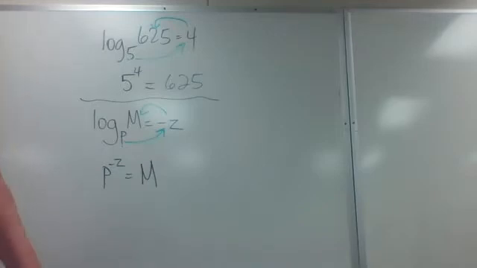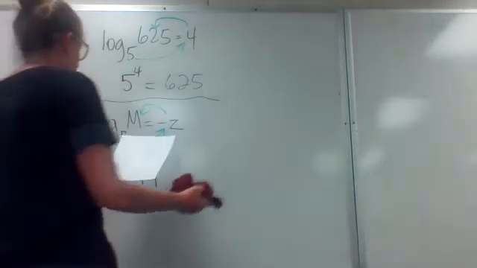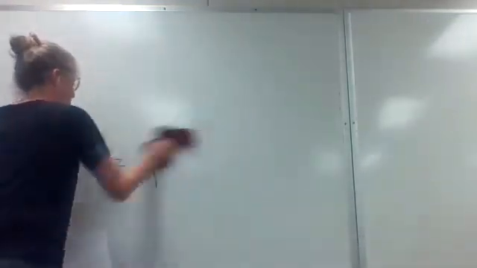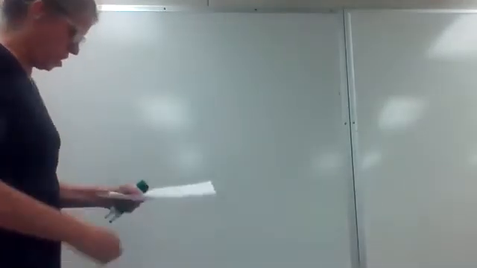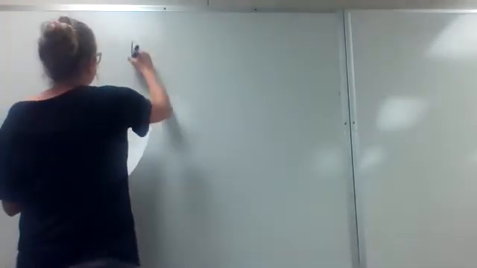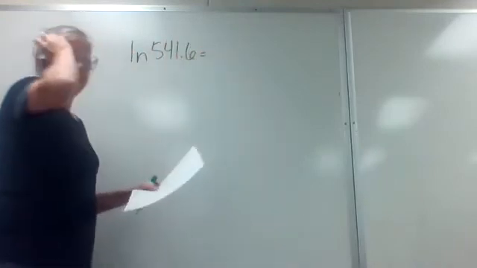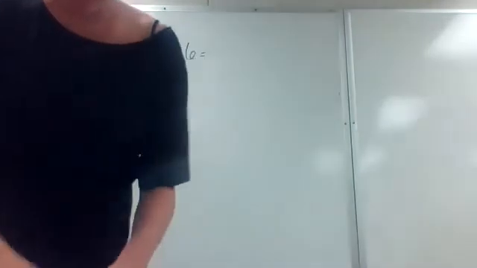All right. Number 14 says, use a calculator to find the natural logarithm. So this is just calculator work. You have ln of 541.6, and it's going to say round to 4 decimal places.